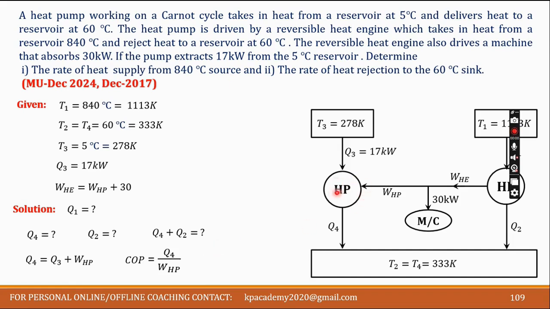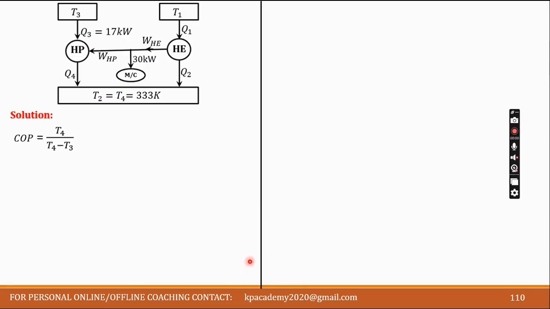As this heat pump is a Carnot heat pump, we can use the temperature relation to find the COP. The COP of a Carnot heat pump is equal to the heat rejection temperature divided by the temperature difference between the heat rejection and source temperatures.